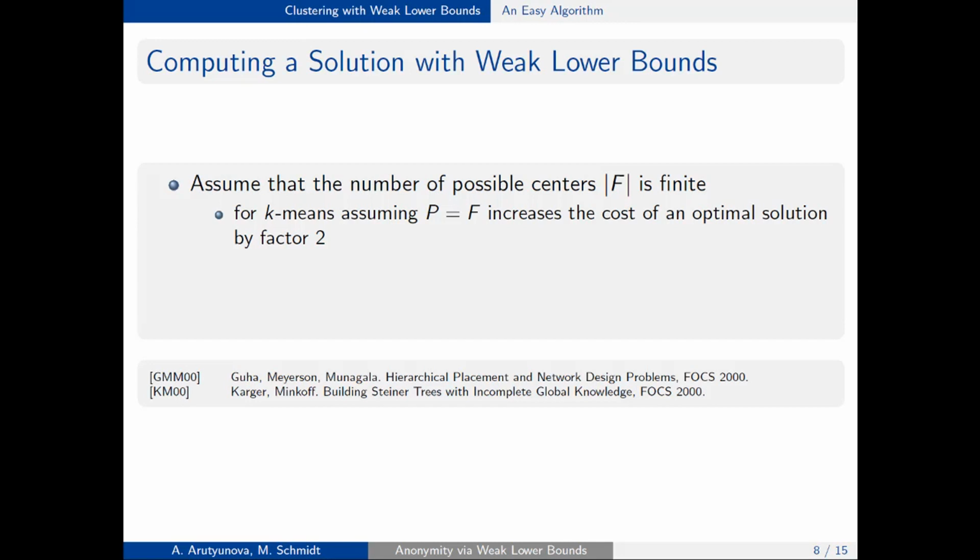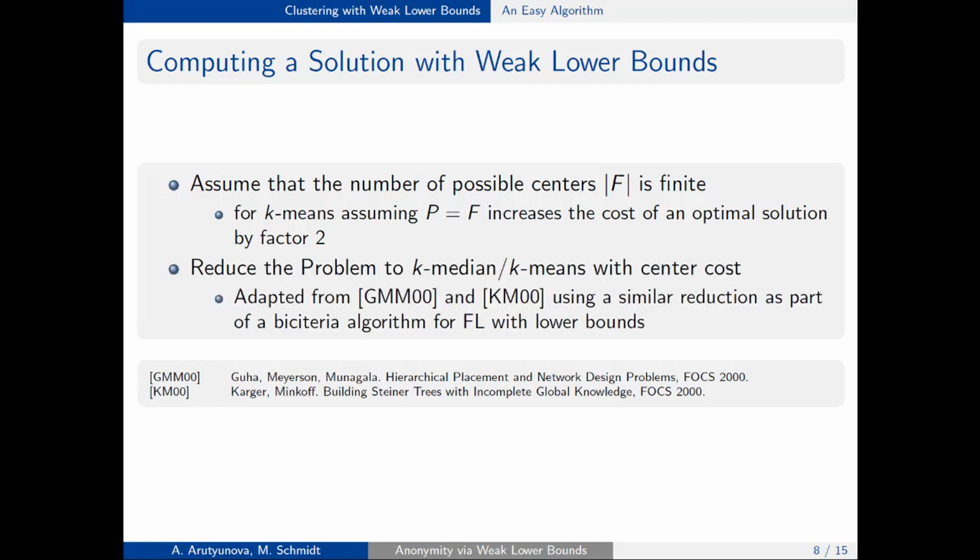For this, we have to assume that the number of possible centers f is finite. Especially for k-means, we can assume that the centers can only be drawn from P, and this increases the factor by 2. To compute weak lower bounds, we reduce this problem to k-median or k-means with center costs.